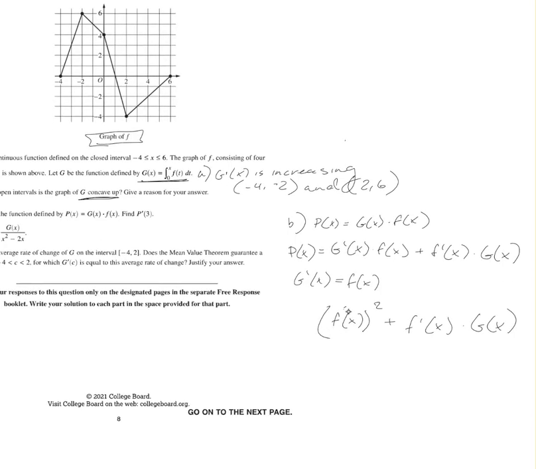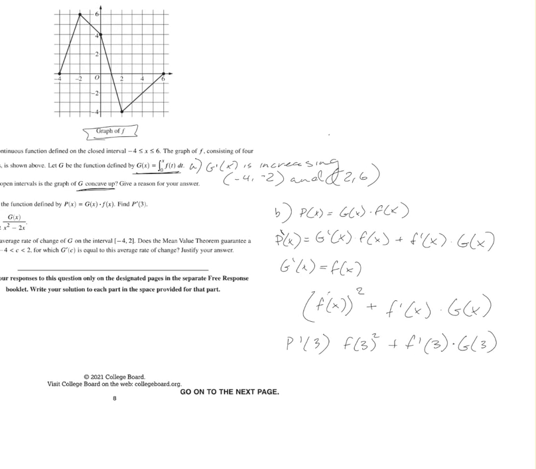So then we're going to plug in 3 because we're looking for p prime of 3. And so we are looking for f of 3 squared plus f prime of 3, so that's going to be the slope, times g of 3, and that's going to be the integral from 0 to 3. So first, f of 3 is -3, squared is going to be 9.